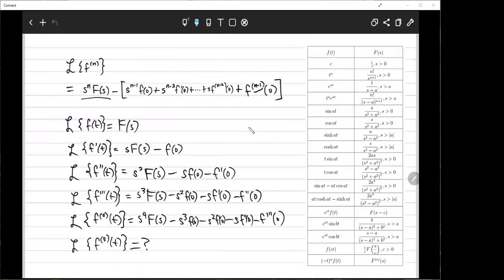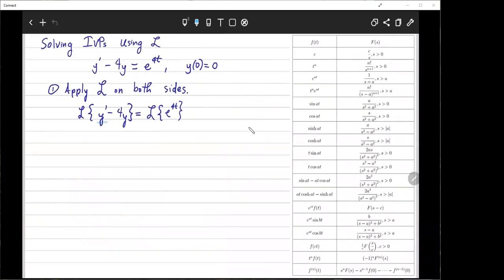Okay. So, recall natin, Laplace transform ng first derivative. It's s times the Laplace transform minus f of 0. So, for y prime, we have s times the Laplace transform minus y of 0. And then minus 4.